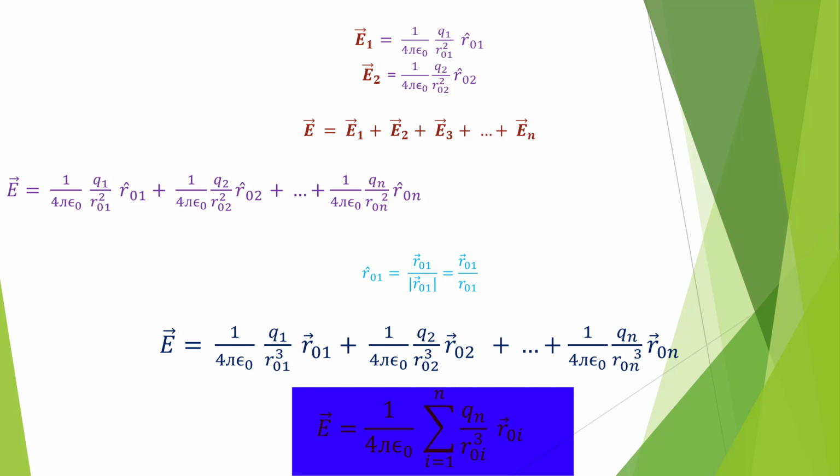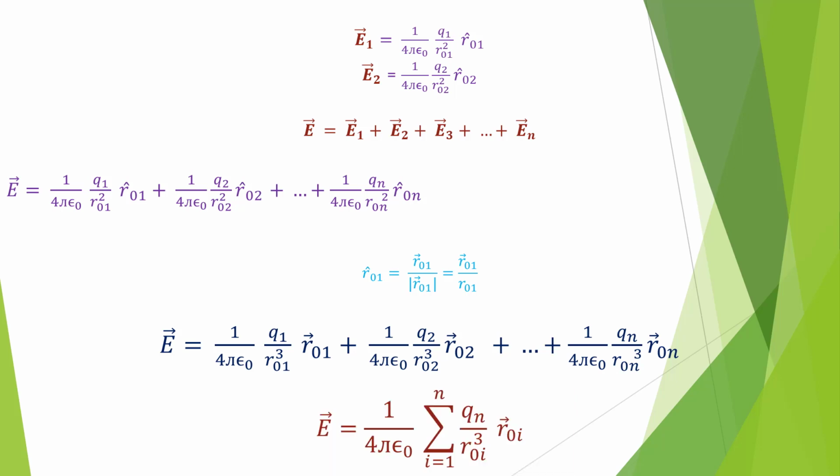Then this expression can be given as vector E equals 1 upon 4 pi epsilon naught summation i equals 1 to n Qi upon R naught i cube vector R naught i. Here unit vector R cap is replaced by vector R upon its magnitude.